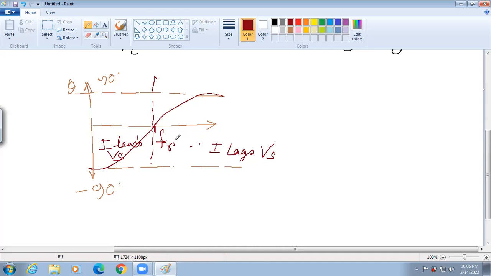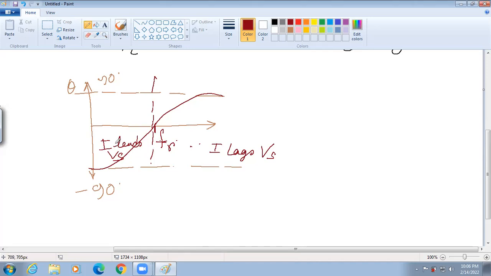Above the resonant frequency, I lags Vs, and below the resonant frequency, I leads Vs, because this is the inductive zone and this is the capacitive zone.